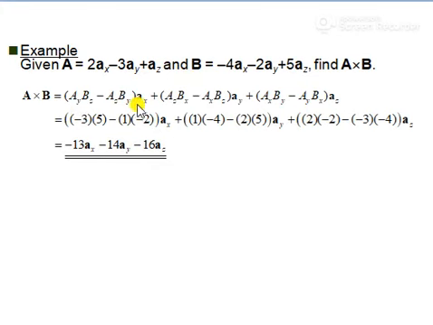That gives the first direction, ax, as (Ay Bz minus Az By), plus ay times (Az Bx minus Ax Bz), plus az times (Ax By minus Ay Bx).